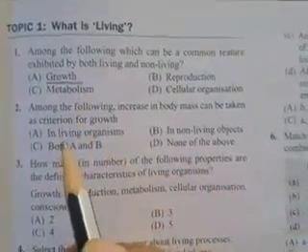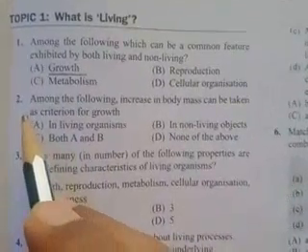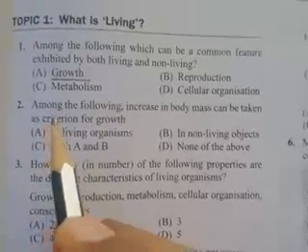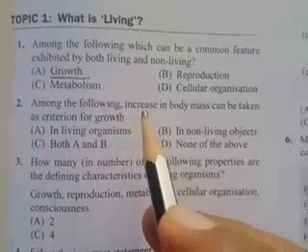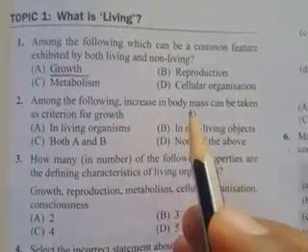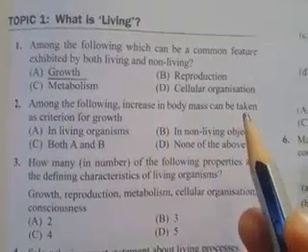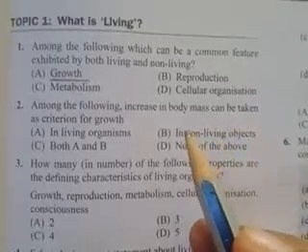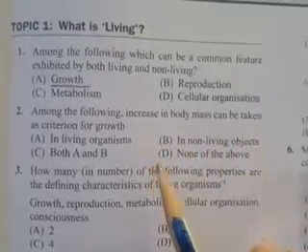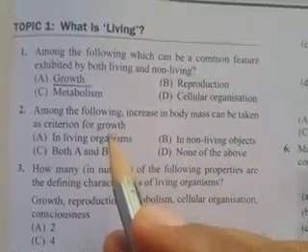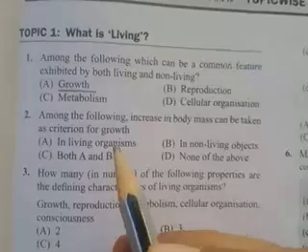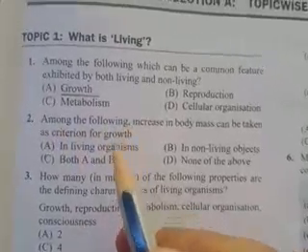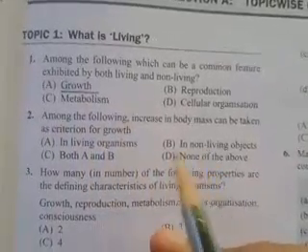Next, the second question. Among the following, increase in body mass can be taken as a criterion for growth. What is the criterion for growth? What they are asking: among the following means all these are the options given.